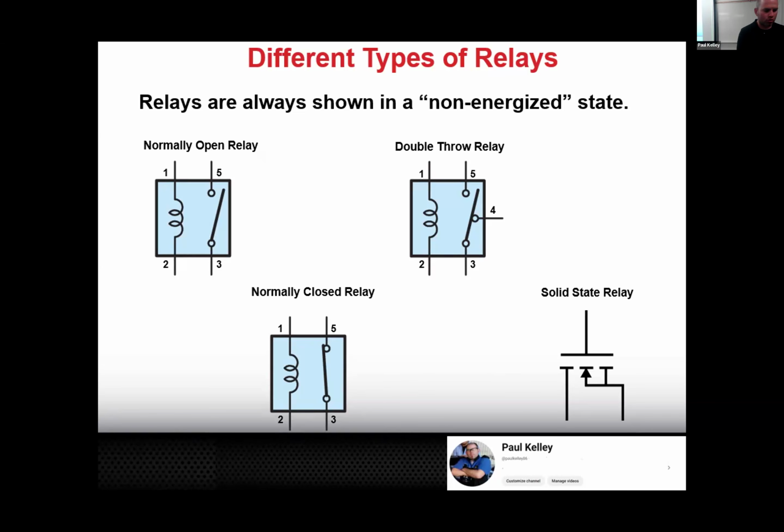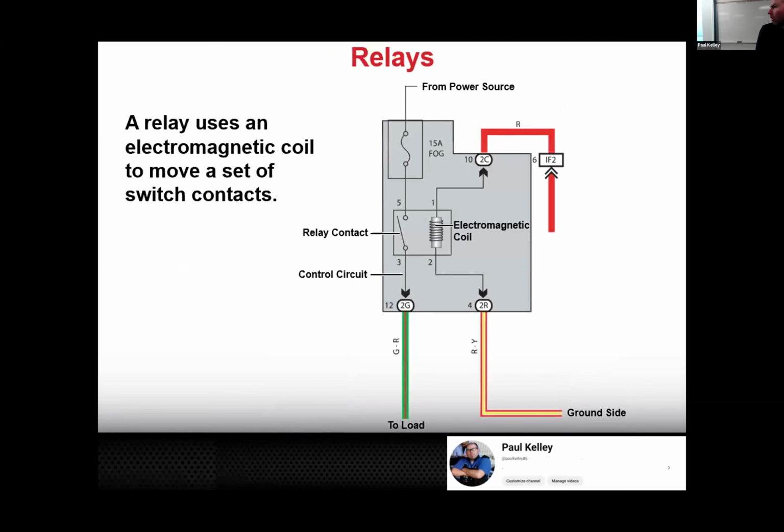So instead, they may draw it as a solid state relay. They may even give you all these same numbers, so that way the technician could measure it like it's a relay, but there is no relay. The relay doesn't exist. It's probably a transistor, and they just redo the diagram so that the techs can diagnose it better. Kind of crazy.